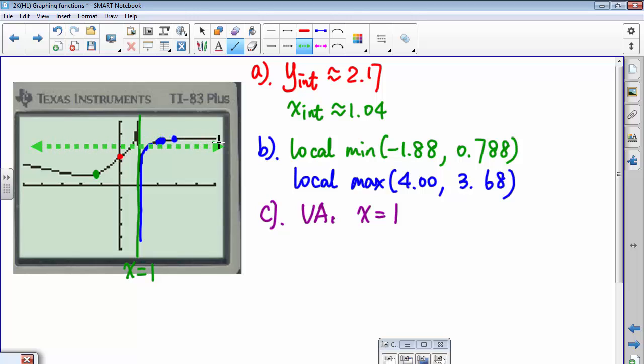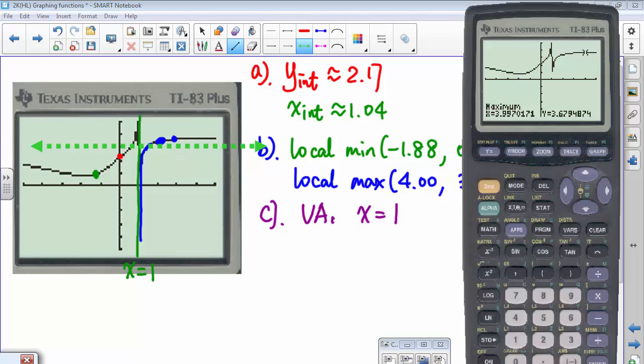You will see the y value here. If you continue to move the flashing cursor to the far right, you will see this value. Right now we only show x equals 5. If you change the x maximum to 50, probably you can see more clearly.